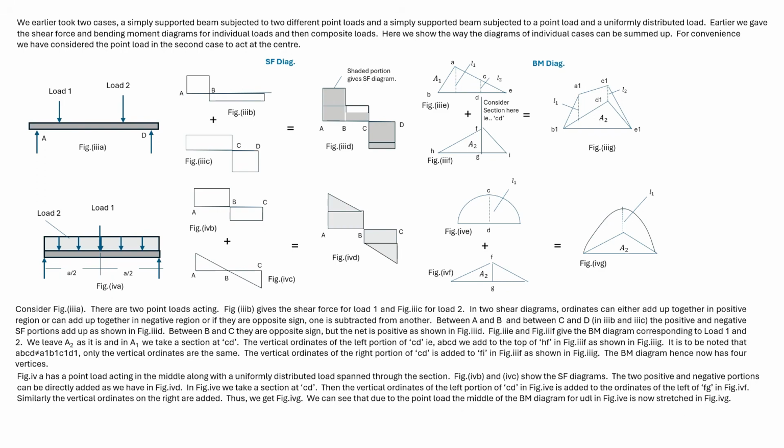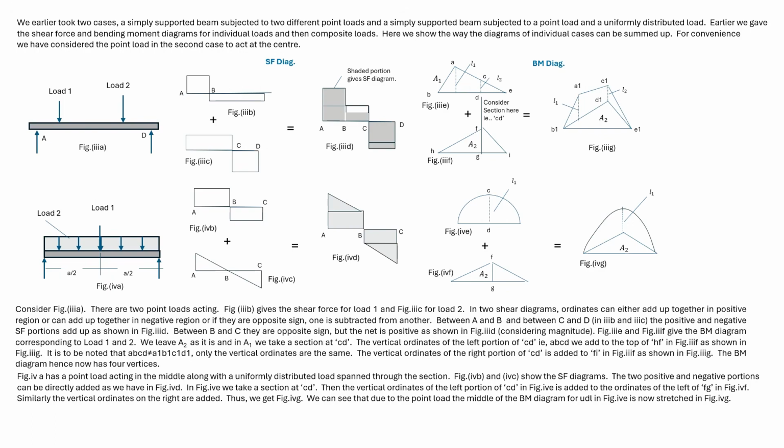In our discussion, we mentioned magnitudes in some cases, but not in all cases. Here, we have taken the problem that we discussed earlier, two point loads acting on a beam. We'll look at the way shear force and bending moment are added.